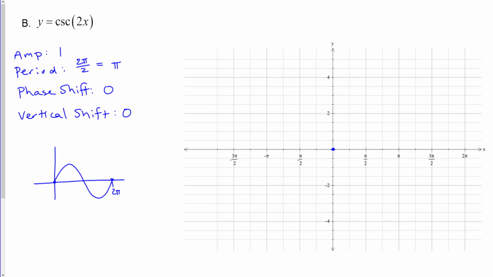Amplitude is still 1, so the only thing that's changing is the period is now pi, which means I'm going to finish my cycle by pi. So at pi over 4, I would be at a maximum, at pi over 2 I'm back to 0, and at 3 pi over 4 I would be at a minimum. So the sine wave would bounce between just like this.